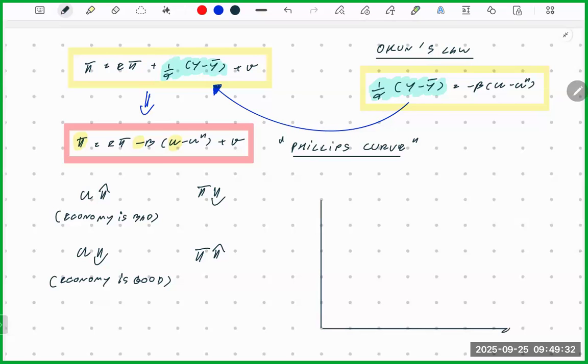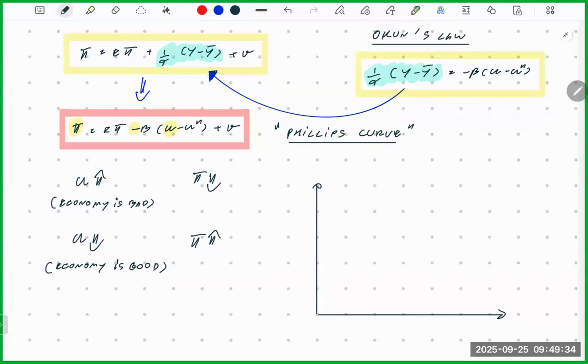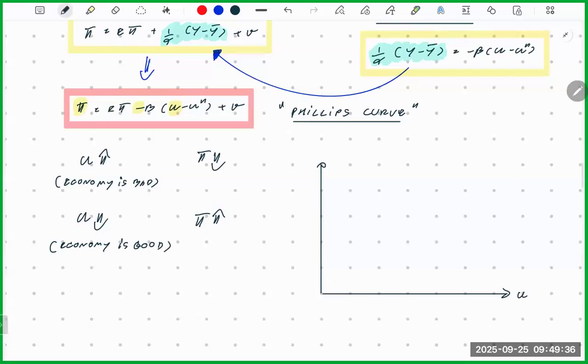For the graph of the Phillips curve, on the horizontal axis is U for unemployment. On the vertical axis is pi for inflation. The curve is going to look like this. This is the Phillips curve. The Phillips curve always has a negative slope, lying down to the right.